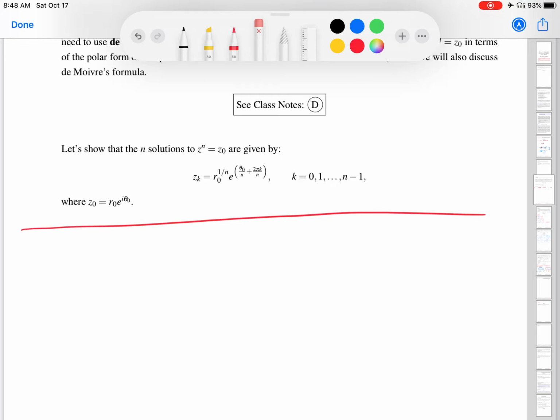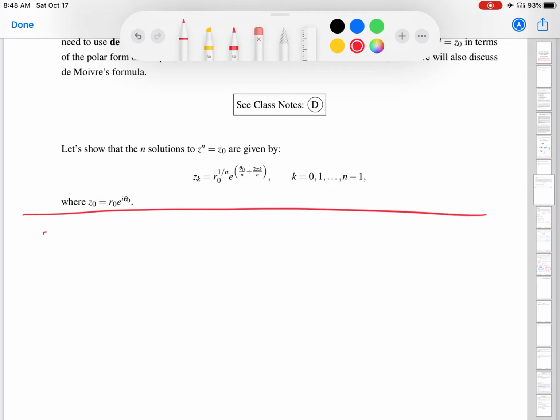This is part of what de Moivre's formula helps us to figure out: what are those other solutions? That is a little preview of why this range for k is there.